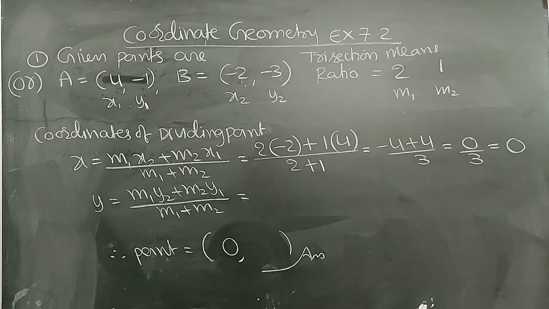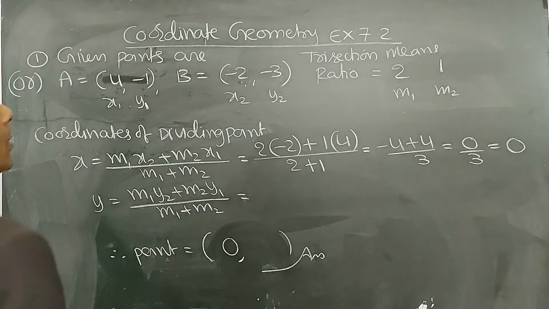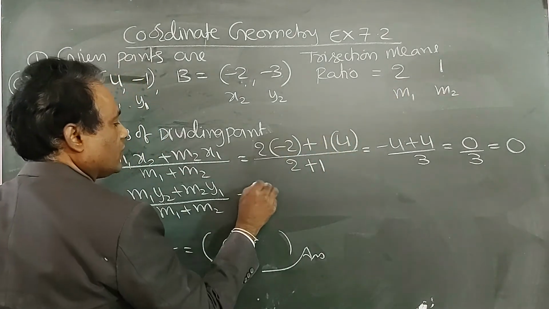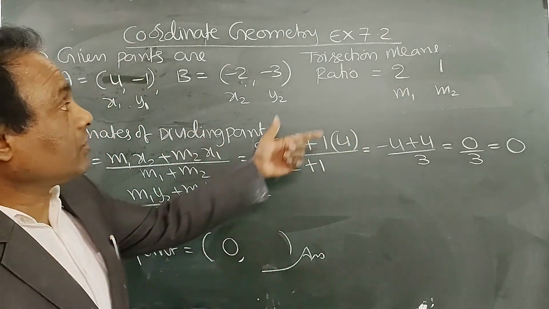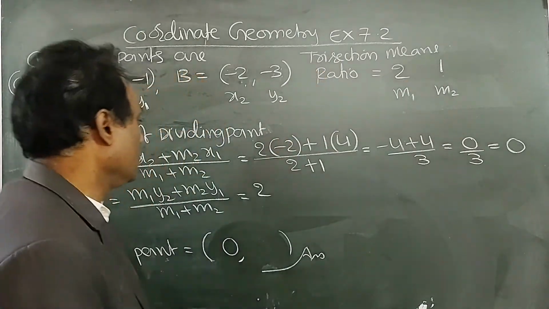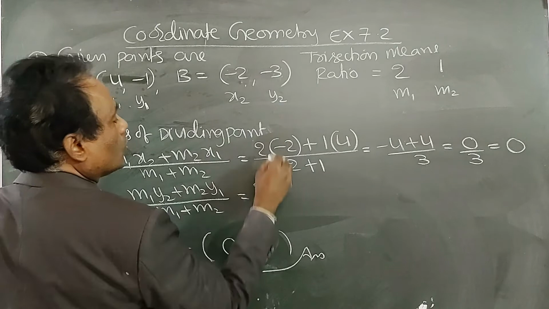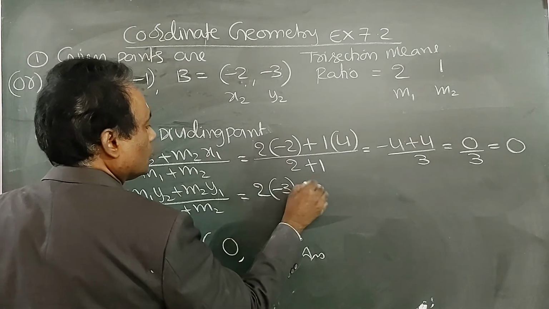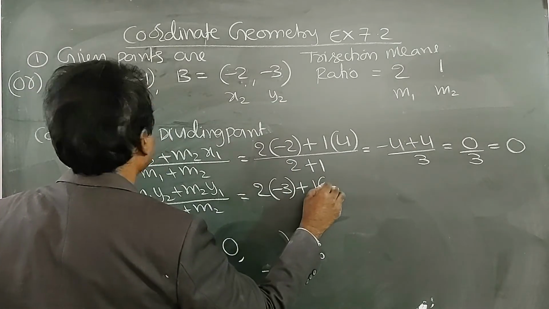Get the next point. See, same problem. Trisection means we should take two cases, 1:2 and 2:1. M1 y2, M2 y1.